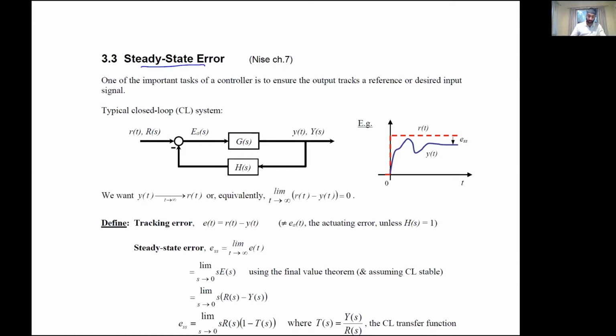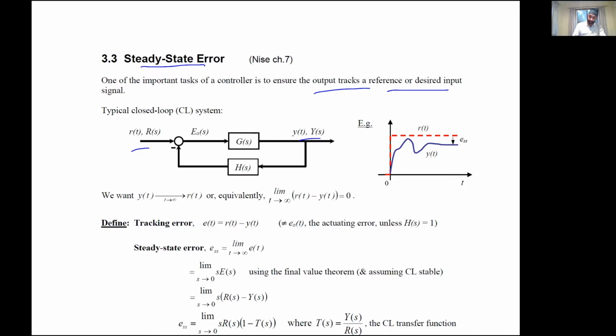Most feedback control systems are made in order to ensure that the output tracks the reference or the desired input as much as possible. So if the reference is the input to the feedback system, R(t), and Y(t) is the output from the system, then we would like the output to be as close to the reference.